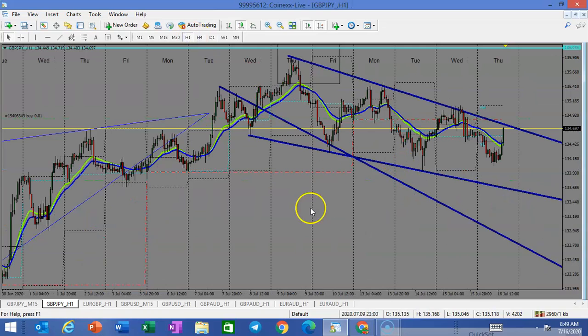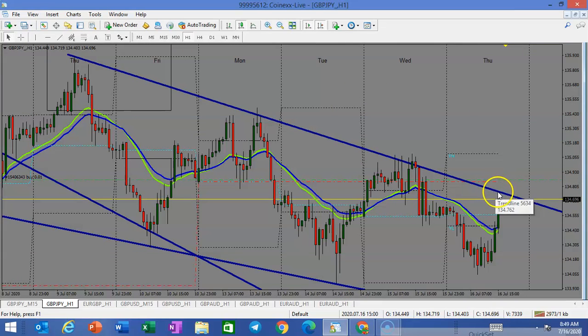So back to the 1 hour. I'm looking for price action to come up here. And I want to see if it breaks this. And by break, I mean price action considerably closing above this trend line.